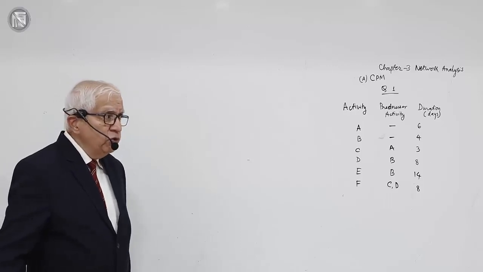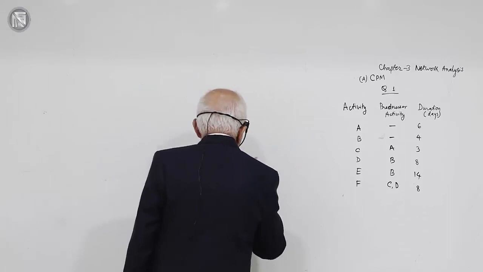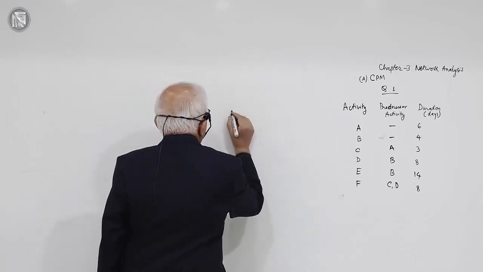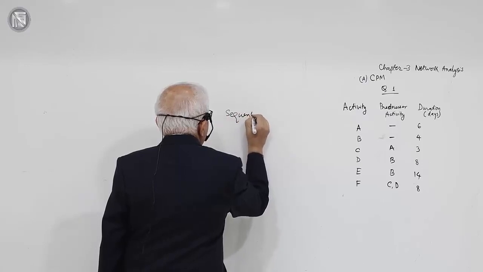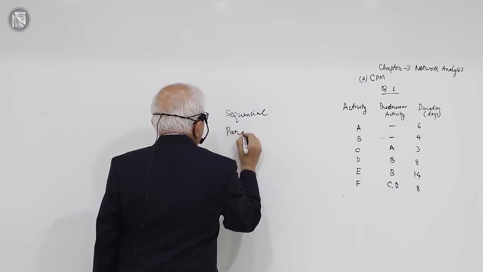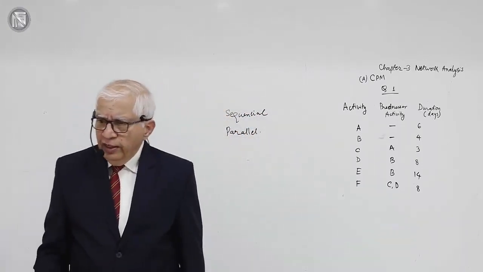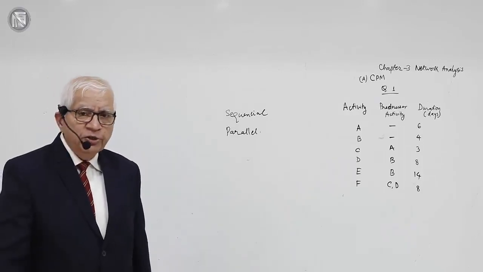Now, having understood what is an activity, I'll distinguish activities into two types. Activities can be sequential or activities can be parallel. What are sequential and parallel activities? Let me explain.